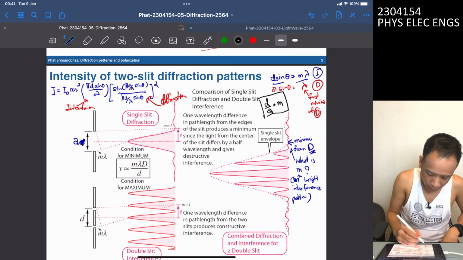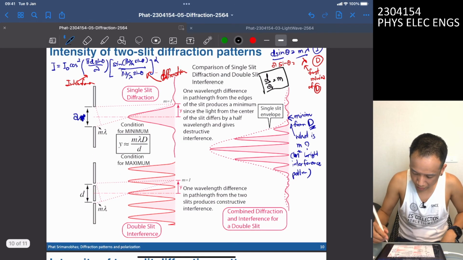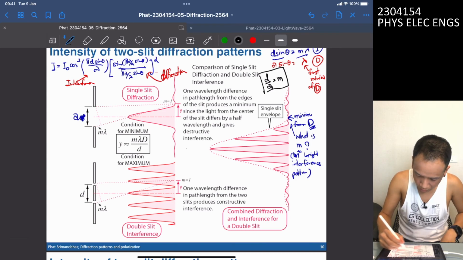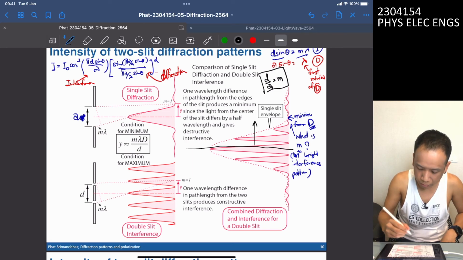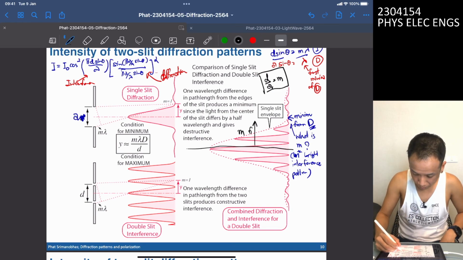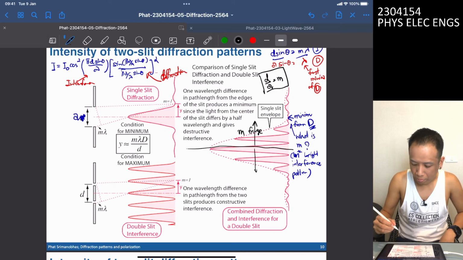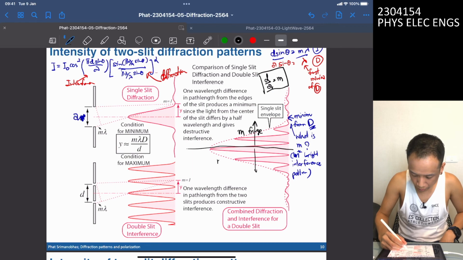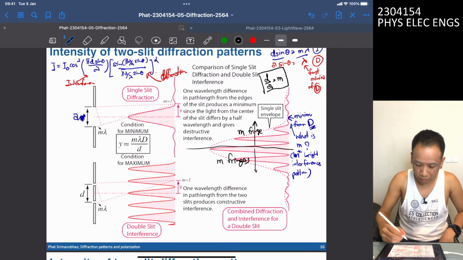Okay, so at the end you're going to see that this is the central fringe. From the central to the first point of the minima you have m fringes, and from the central to the first point of the minima on the lower side you get m fringes.